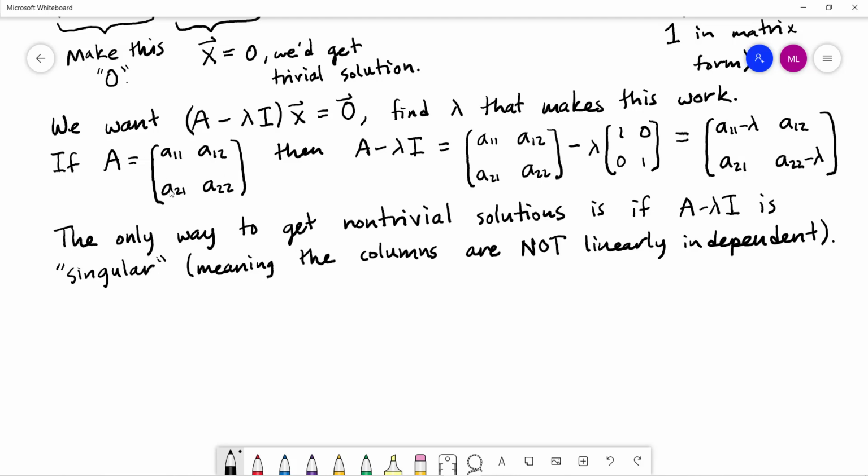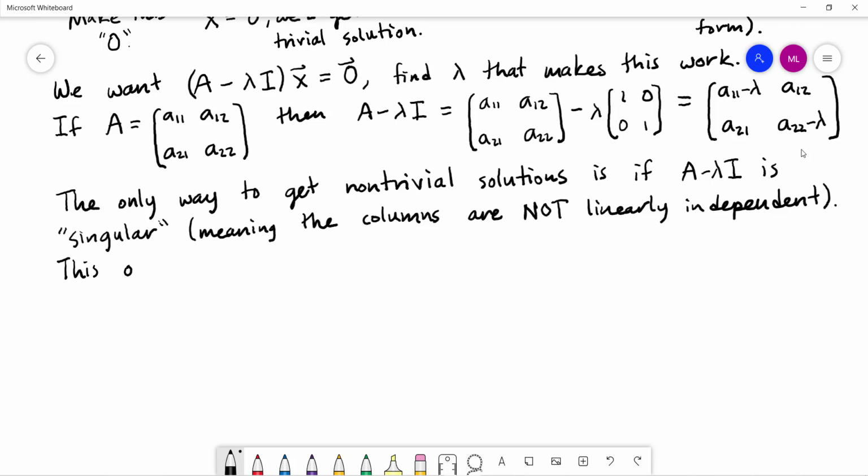And so if we were to treat this like the matrix that we used when we tried to figure out if the two vectors were linearly independent, that's the Wronskian. So if I tried to compute the equivalent of the Wronskian for this, all it means is I'm trying to compute the determinant of this one, to make sure that this column here and this column here are not linearly independent. All I need to do is take the determinant of this matrix, which is the equivalent of the Wronskian we talked about before, if we were to build the matrix up of these two separate columns, and make sure that it's equal to 0.